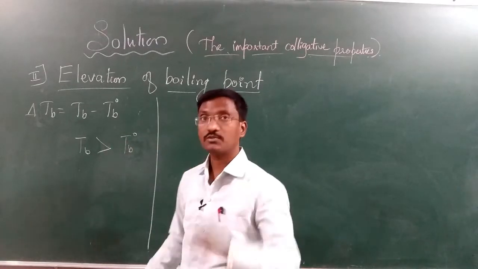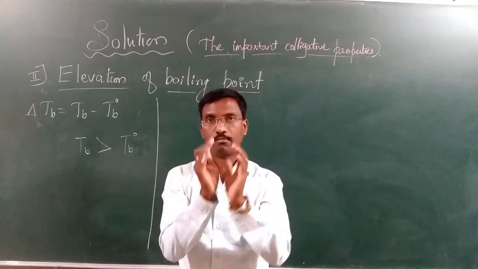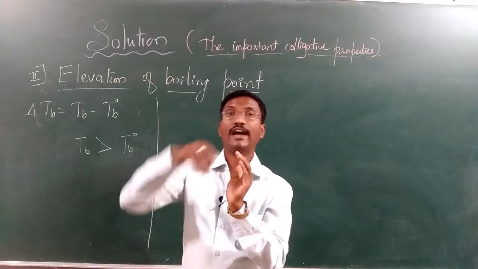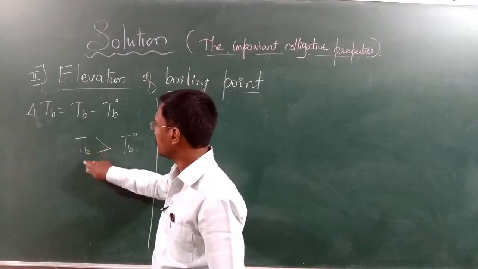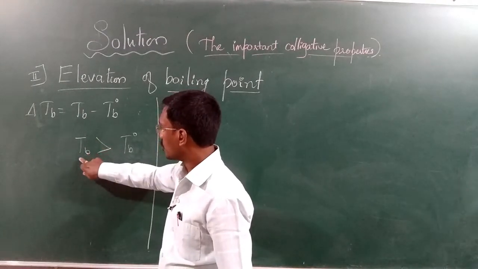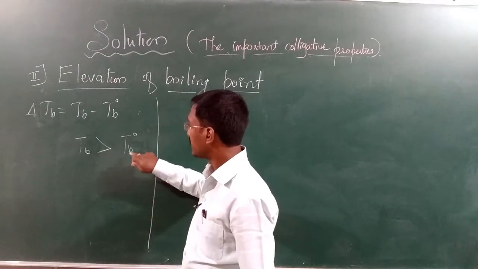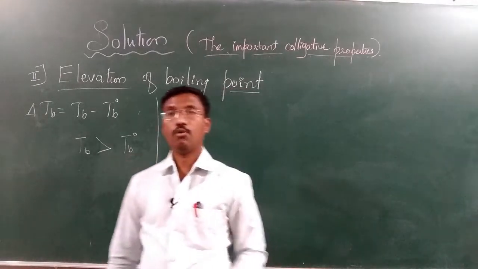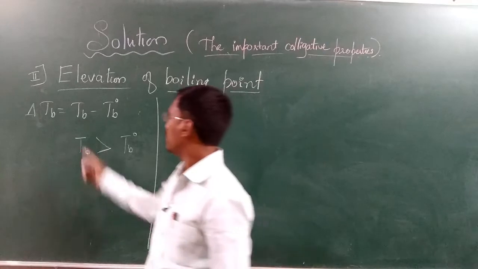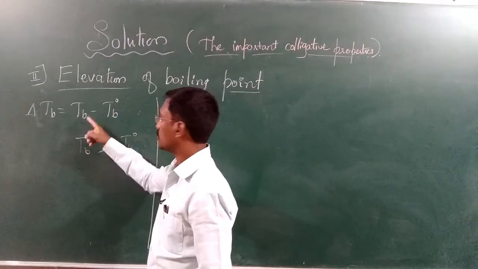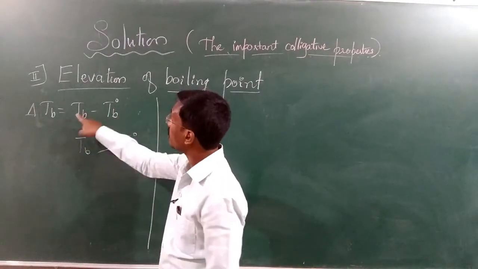To make the solution a vapor, we need greater temperature. So the boiling point of the solution is greater than the boiling point of the pure solvent. For that reason, I have written the formula TB minus TB naught. You are not supposed to write TB naught minus TB.